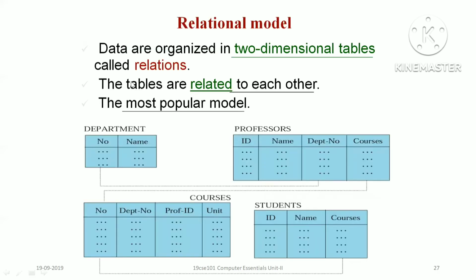And same thing here also, data are organized in a two-dimensional table, that is called a relation. It means if they are connected with each other, then that is a relation. In our real life, take a brother and sister, they are two, so they are in a relation. Like the tables are related with each other.